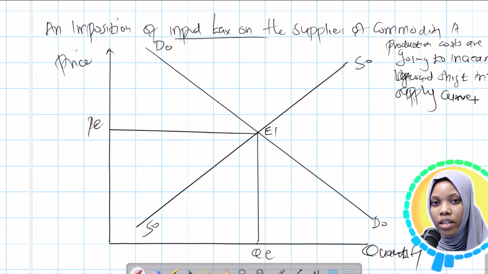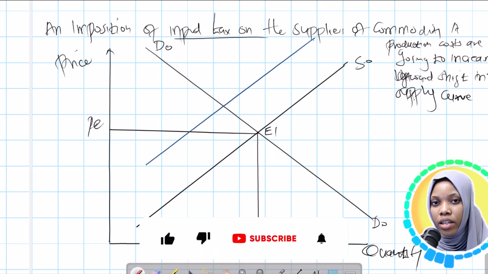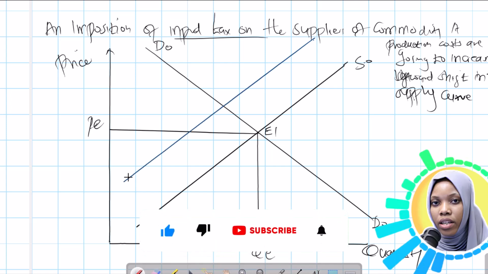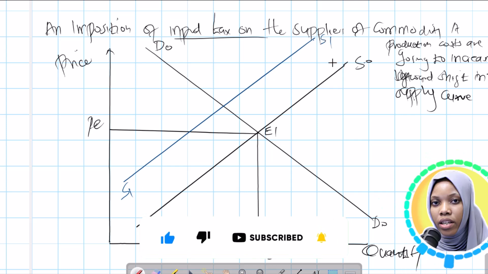And our new supply curve, I'm going to use the blue pen, we are going to call it S1.